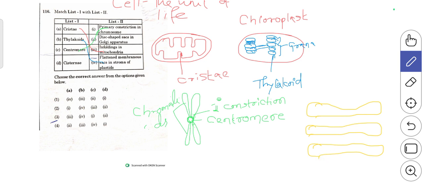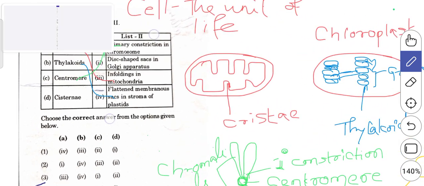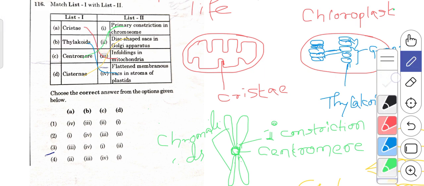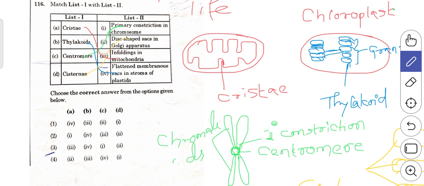He discovered flattened disc shaped structures, and these disc shaped structures are called cisternae. So cisternae are disc shaped sacs in the Golgi apparatus. Hence the answer: A is 3, B is 4, C is 1, D is 2. So the third option will be the right answer for this question.